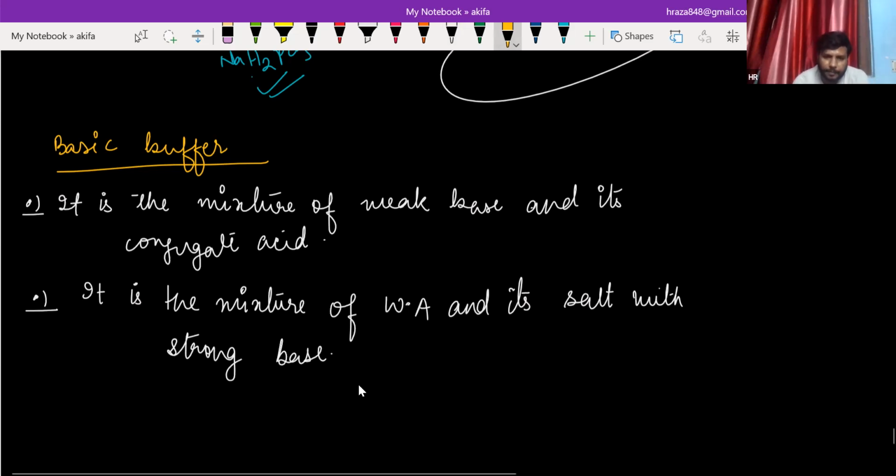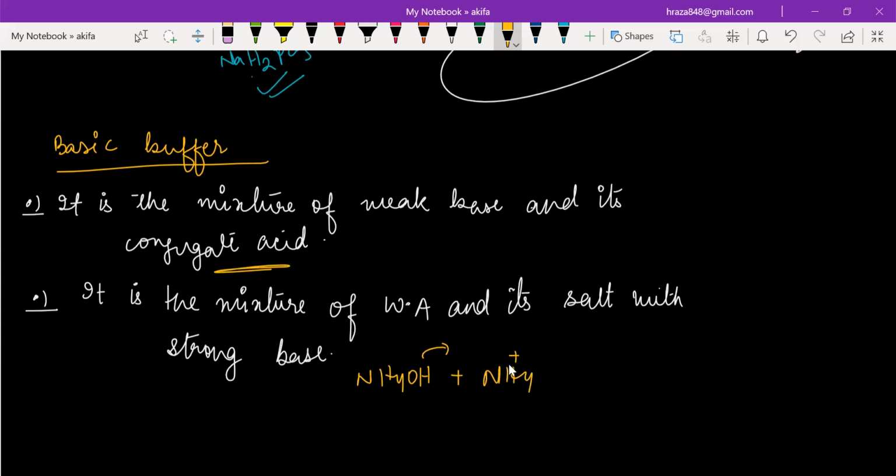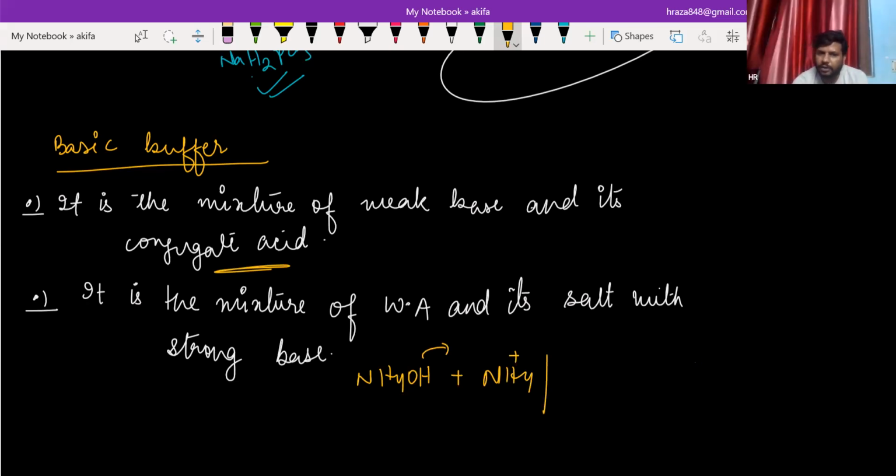Taking some examples, NH4OH is a weak base. And if you are going to make its conjugate acid, just remove OH minus, it will be NH4 positive. Yes or no? Or if you want to make a salt with a strong acid, you just have to react this weak base with a strong acid.